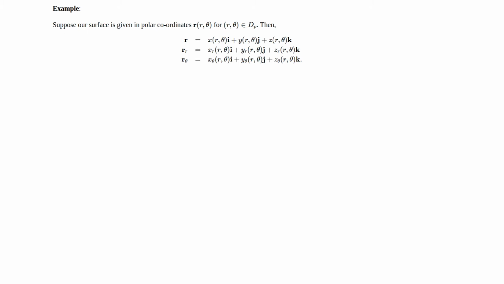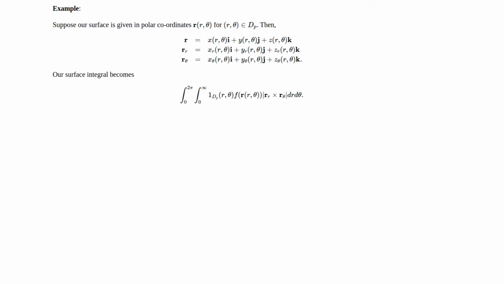And r_r then, taking derivatives in r, gives us that the first component of the derivative r_r is x_r, the second component is y_r, and the third component is z_r. And likewise, r_theta is x_theta, the partial derivative of x with respect to theta, i plus y_theta j plus z_theta k.